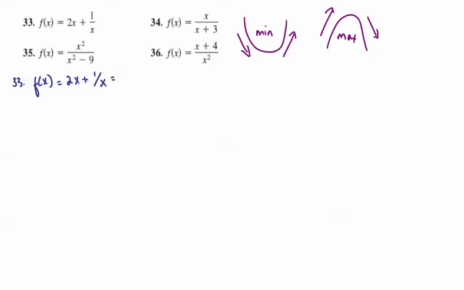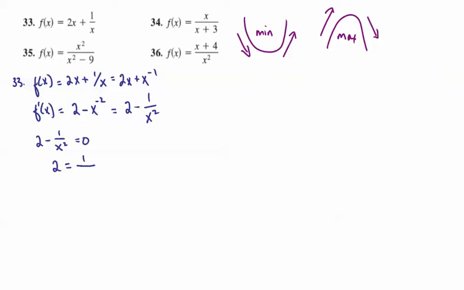I can rewrite this as 2x plus x to the negative first. F prime of x is 2, then minus x to the negative second, which can also be written as 2 minus 1 over x squared. So we want to set that equal to 0. 2 minus 1 over x squared equals 0 when 2 is equal to 1 over x squared.